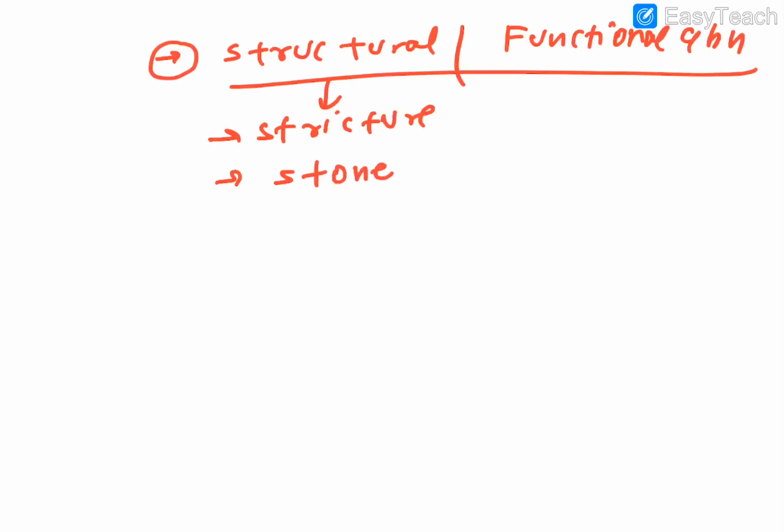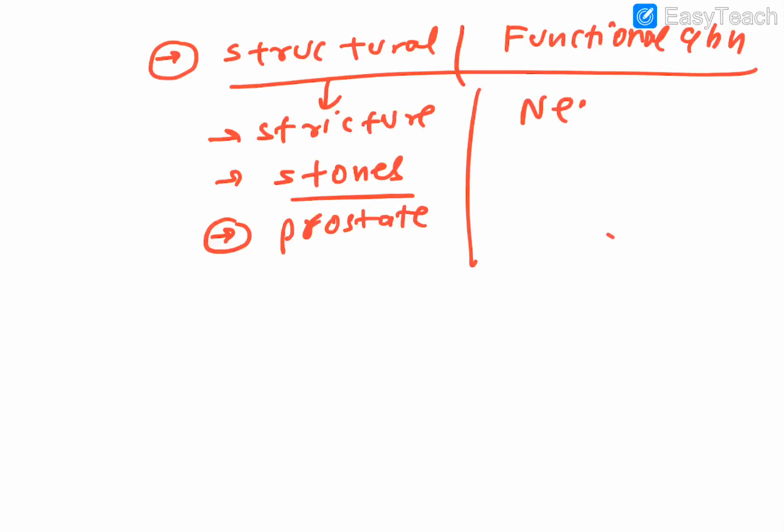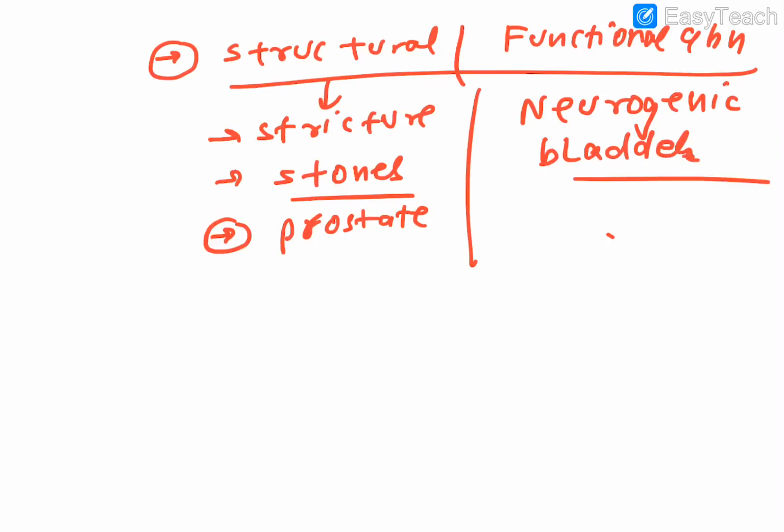Another S is stones, which can cause obstruction. Prostate enlargement can also lead to structural change. So you also need to remember this. Then regarding the functional ones, one example to remember is the neurogenic bladder, which happens in spinal cord injury. So neurogenic bladder is a functional abnormality which can lead to UTI.